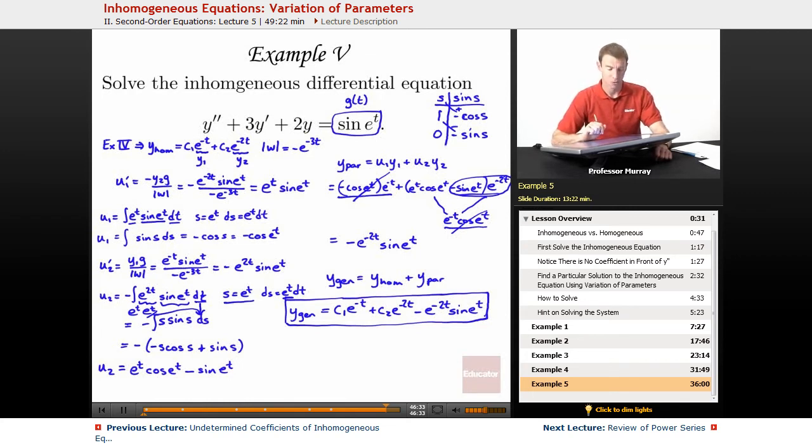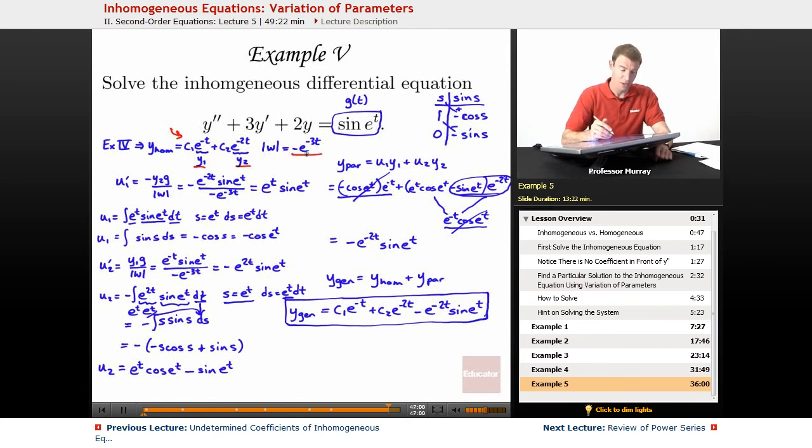Let me recap what we did there. We started out with the homogeneous solution, which we found from example 4. So if that was a mystery where that came from, go back and watch the video for example 4 again. You'll see where that comes from. Read off y1 and y2 there. We had also figured out the Wronskian matrix in the previous example. So that's still coming from example 4.